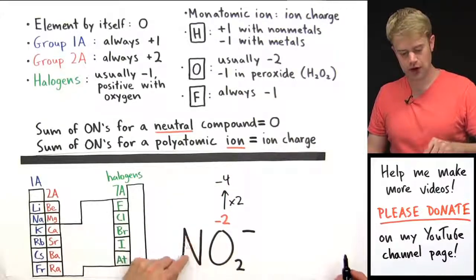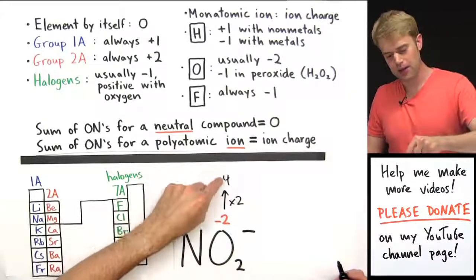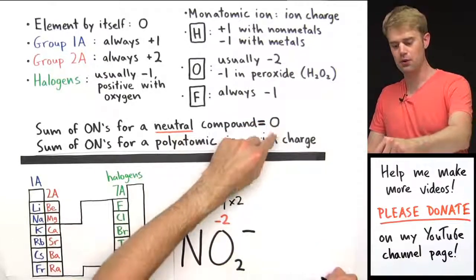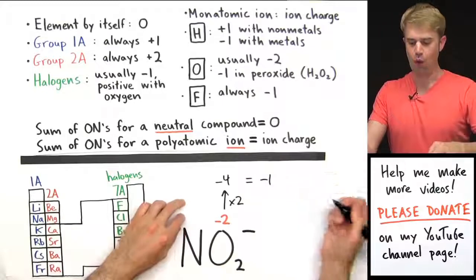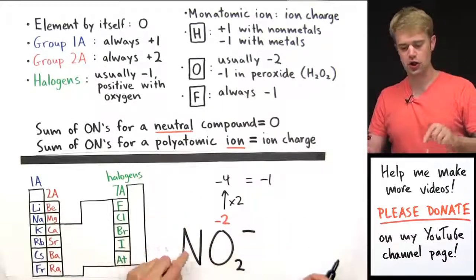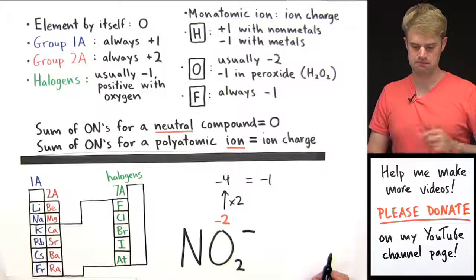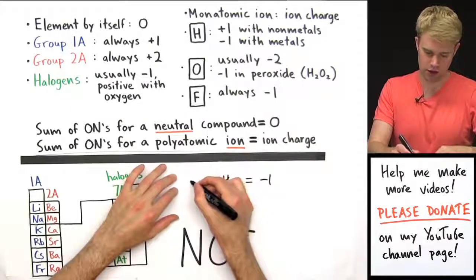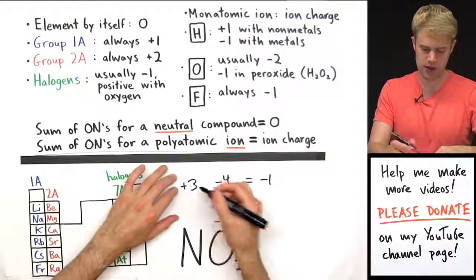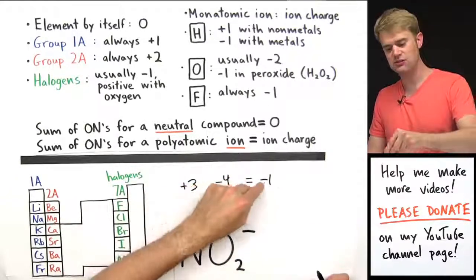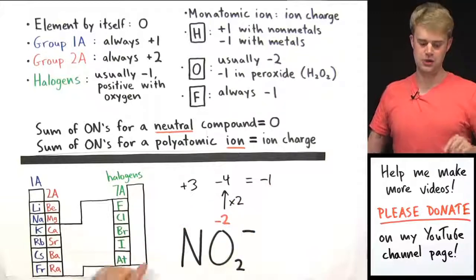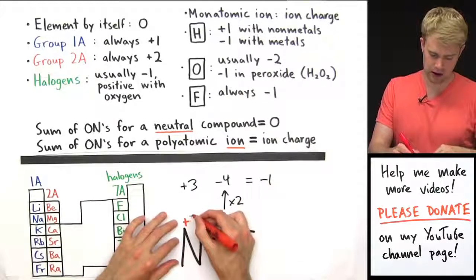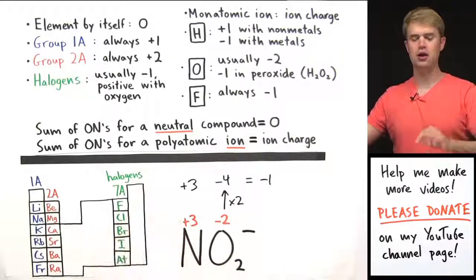Now, whatever nitrogen's is, when we combine it with -4, we need to get not 0, but -1, because that's what the ion charge of NO2 1- is. So this means that +3 plus -4 gives us -1, which means that the oxidation number here on nitrogen is going to be +3.